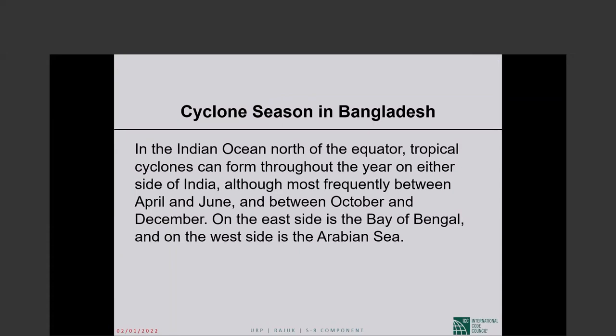So that would be the cyclone season in Bangladesh, most frequently between April and June and between October and December. On the east side of India, obviously, is the Bay of Bengal. On the west side, it doesn't concern you, is the Arabian Sea. And both sides, there are cyclones.